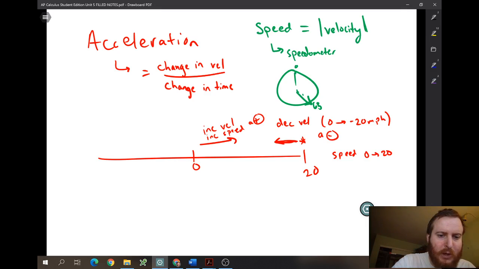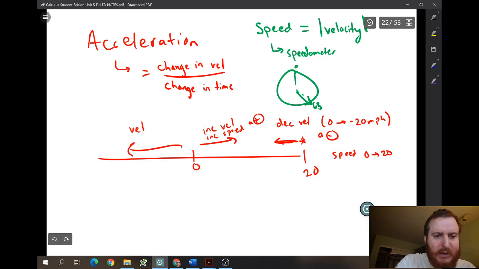If I just kept going backwards, right, and I keep going negative, my velocity is decreasing, but I'm still hitting the gas, right? But my acceleration is negative, which is kind of weird. If all of a sudden I started braking here and I started slowing down, right?